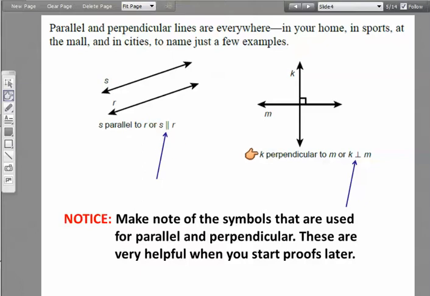And then here you see K is perpendicular to M, this is how we write it, and it's just an upside down capital T. I just want you to make note of the symbols that are used for parallel and perpendicular, because they're very, very helpful when you start doing proofs later, because you don't want to write the word perpendicular too many times.